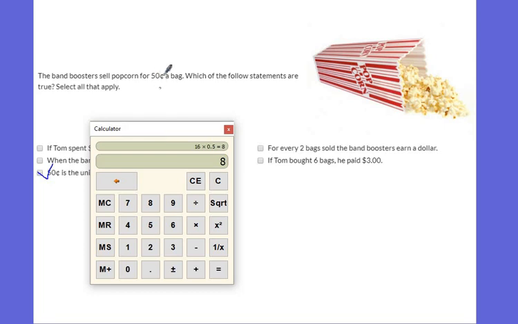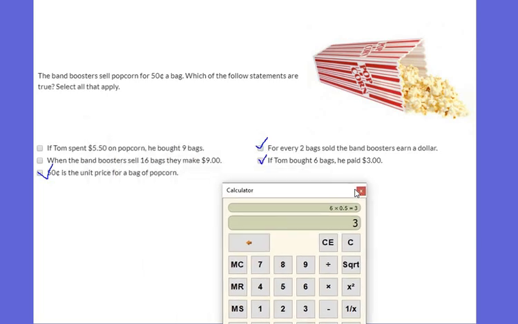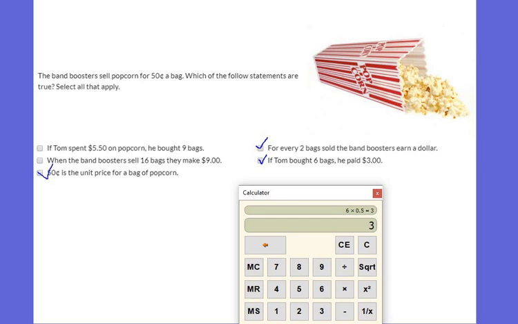So if they sold 2 bags at 50 cents, that gives them $1, so I'd agree that that one is also correct. If Tom bought 6 bags, he paid $3. So I could come over here, 6 times 50 cents gives you $3, so it looks like that one is correct as well. Okay, that is one problem.